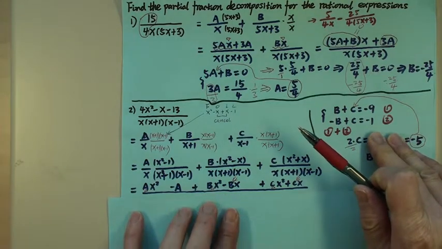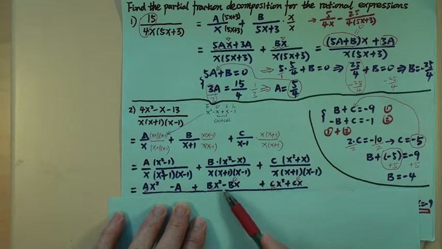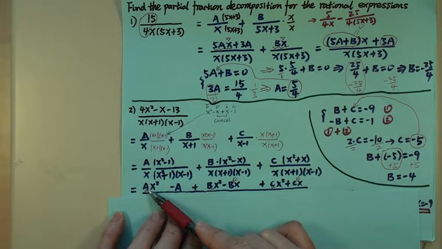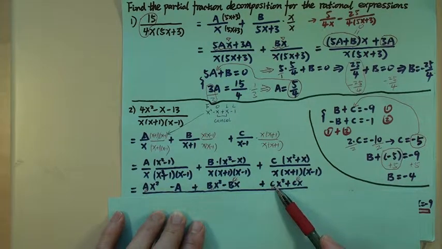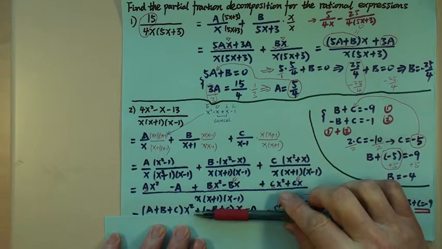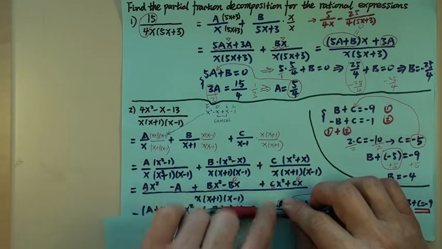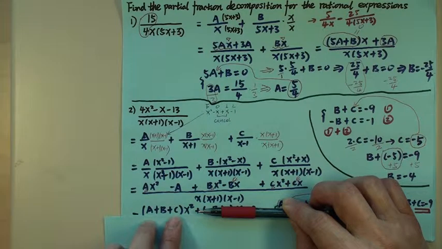Now, look, combine like terms. The x squared terms with c, b, and a: you combine all three and pull x squared out. So x squared is out, and a, b, c is actually the coefficient now.